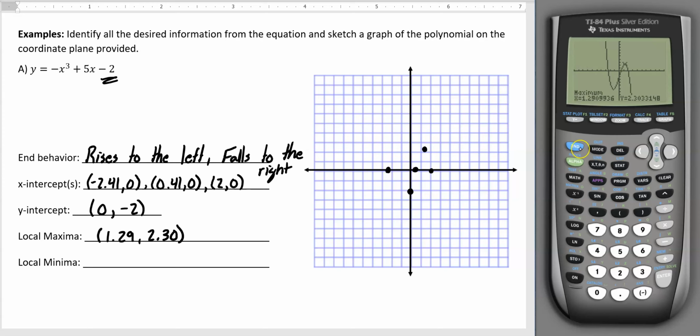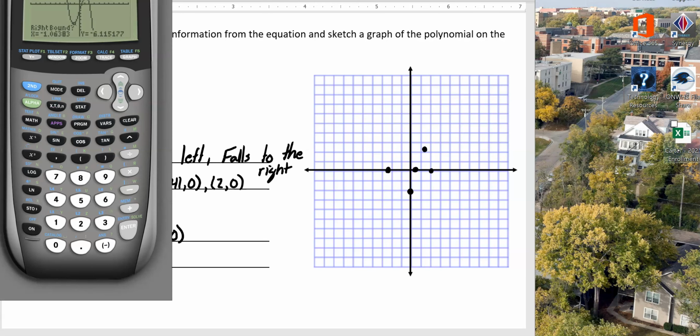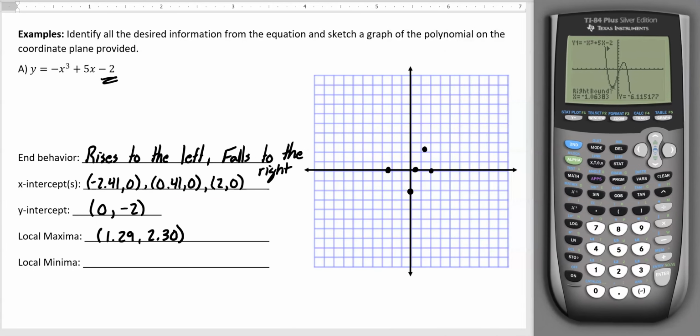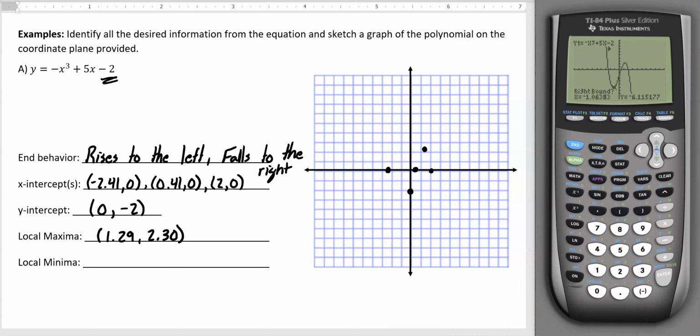And then my minima, so second calc minimum, number 3, get to the left of it, press enter, get to the right of it. Whoa, hello, everything just moved on me. That was weird. I think I started typing too fast. Need to get to the right of it.